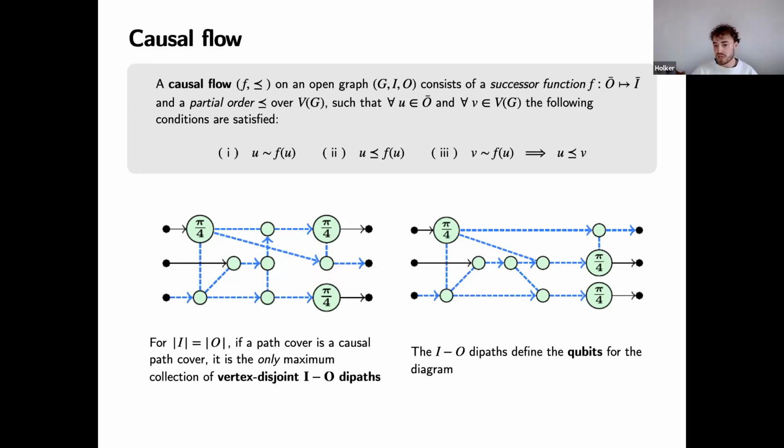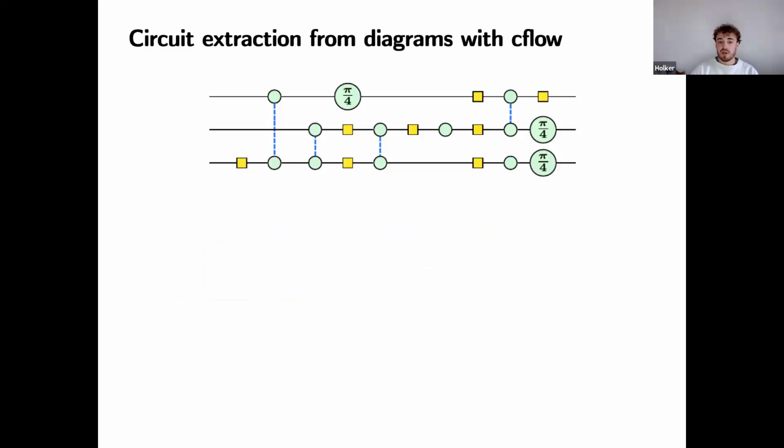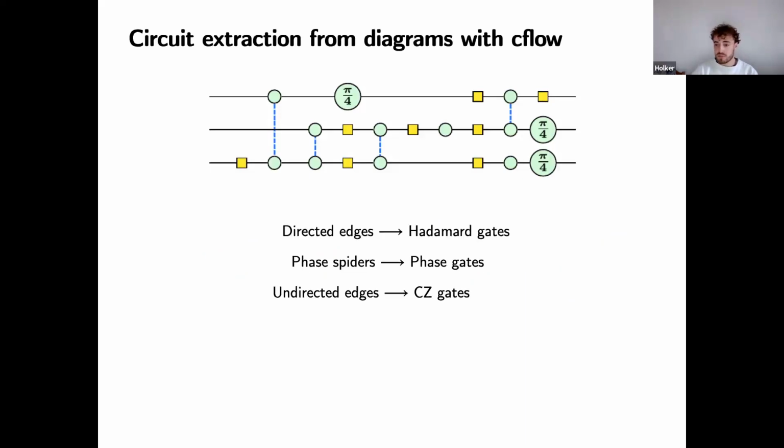It's almost like a more general form of a circuit where the qubit lines are well defined at all points, and you can see the connectivity between qubit lines. And this is one of the advantages of having a diagram with causal flow, is that the qubit lines and connectivity are always visible within the diagram. Now, any diagram with causal flow can be extracted.